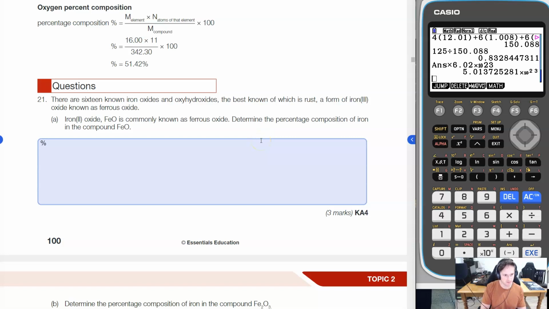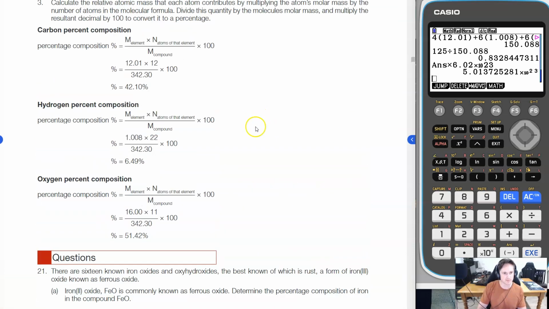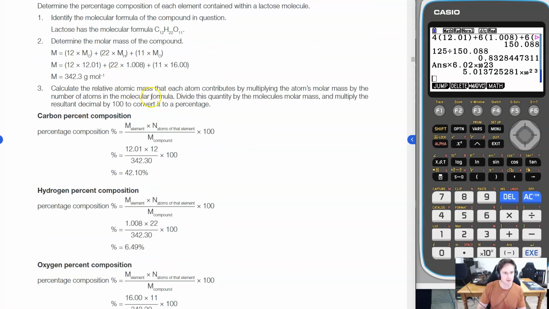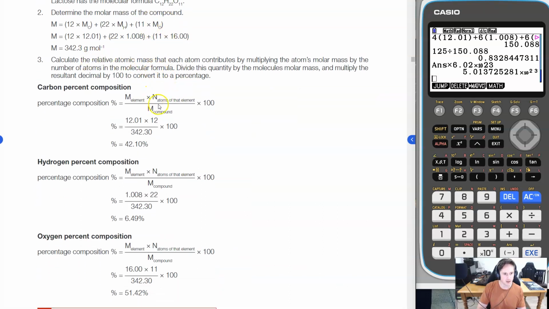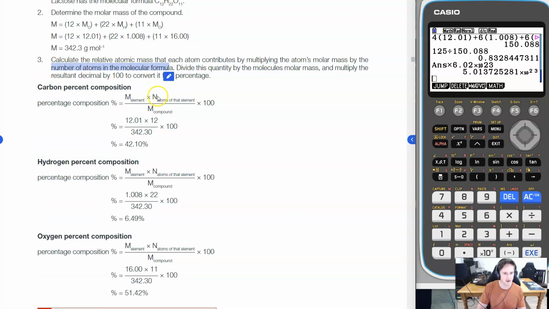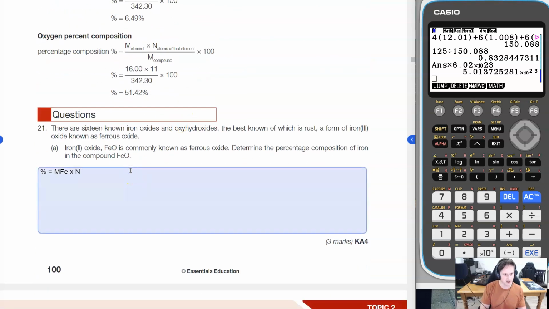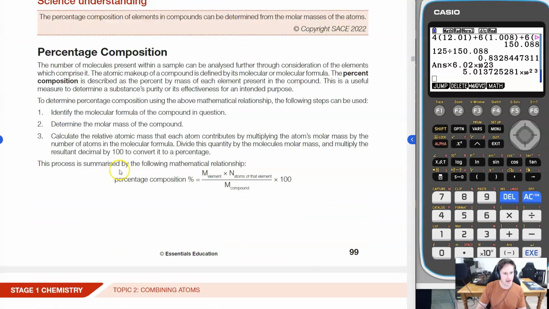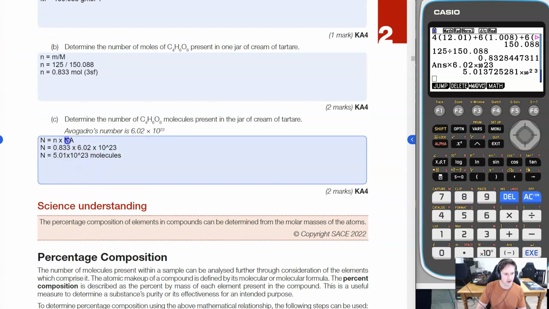So the percentage composition is going to be equal to the molar mass of Fe, because that's what we're trying to figure out, multiplied by the number of atoms of that element, the number of atoms in the molecular formula, and that's represented by that N. Remember how the big N was the number of Avogadro's number?